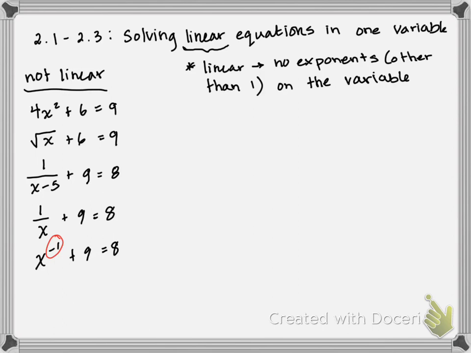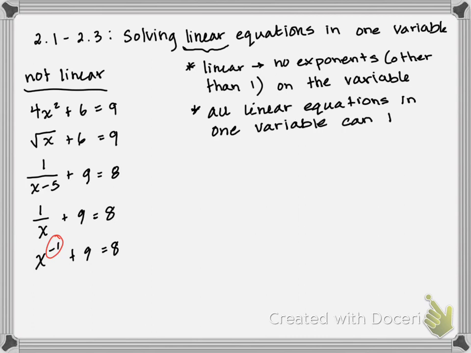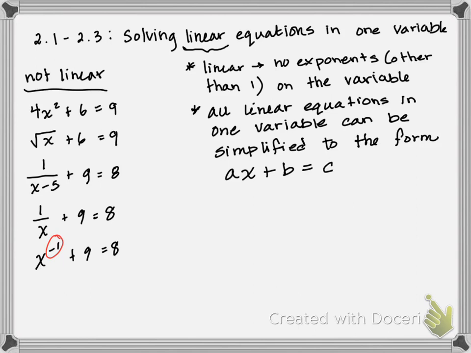So in general, all linear equations in one variable can be simplified to the form ax plus b equals cx plus d.